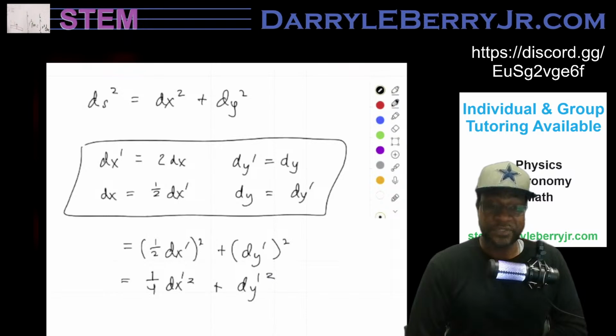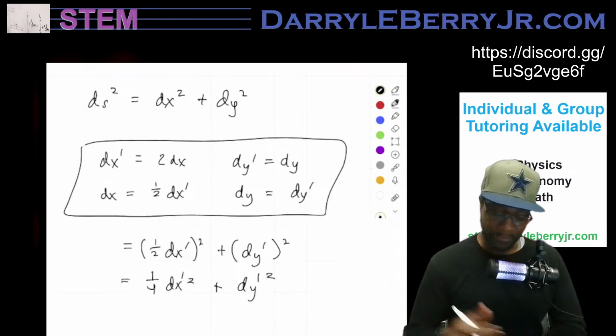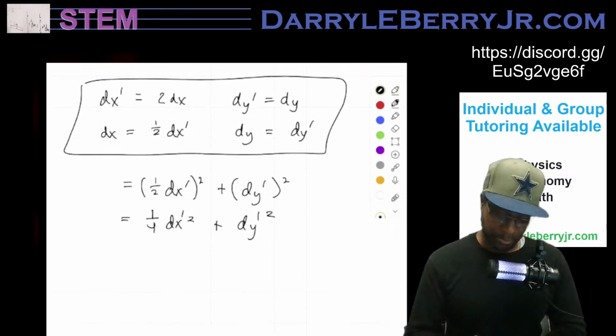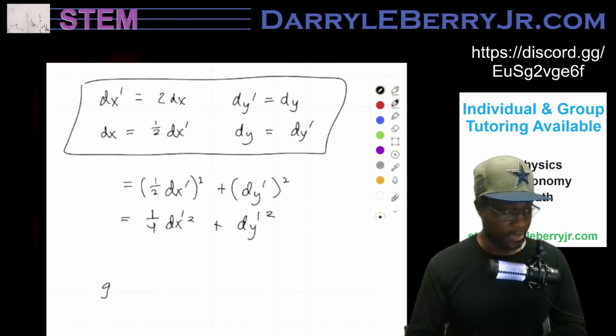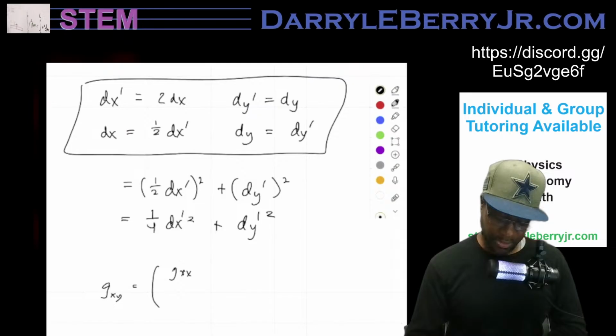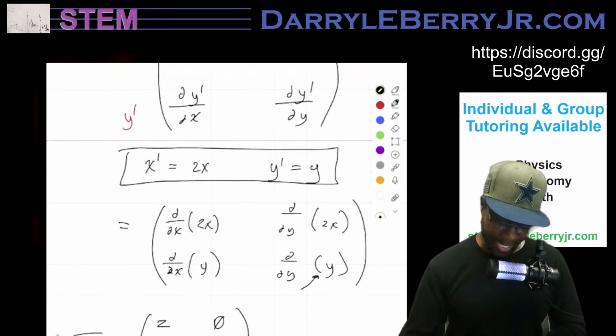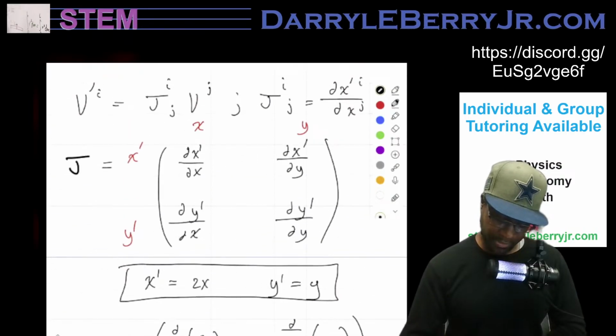This actually gives us our metric, because the metric will look like this, as I mentioned earlier, similar to the Jacobian. So I'll call it gxy, which is going to be gxx, gxy, gyx, gyy. Again, similar to the way the Jacobian worked, where we had the xx, yx, xy, yy.